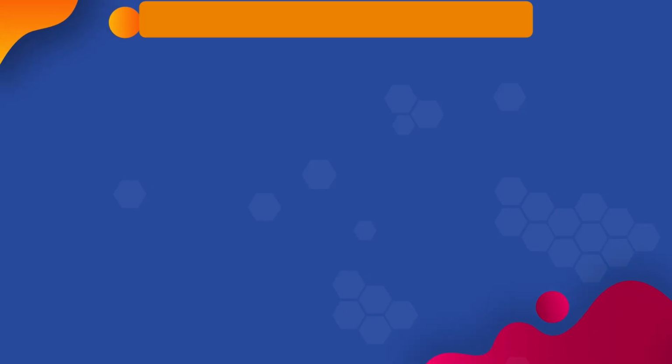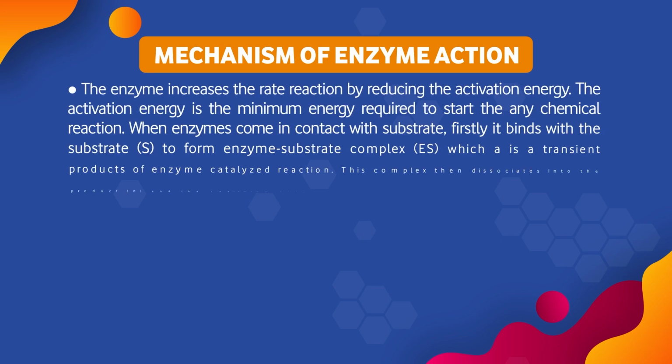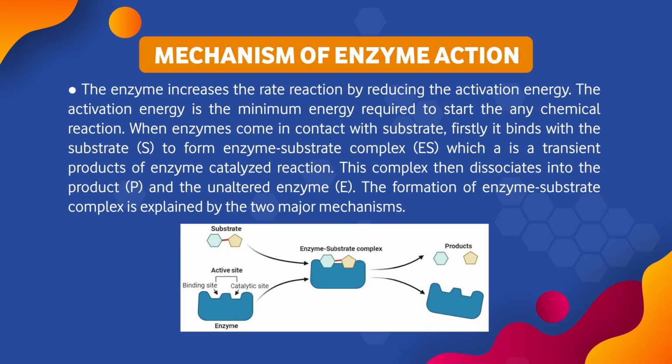Then after that we have to understand how enzymes perform their functions, that is, the mechanism of enzyme action. Enzyme increases the rate of reaction by reducing the activation energy, and activation energy, we know, is the minimum energy required to start any chemical reaction.